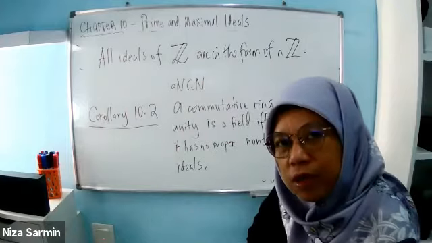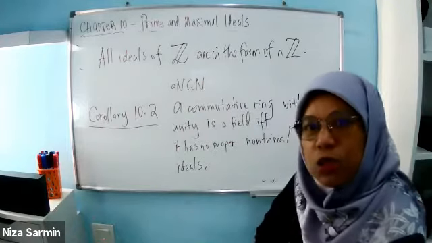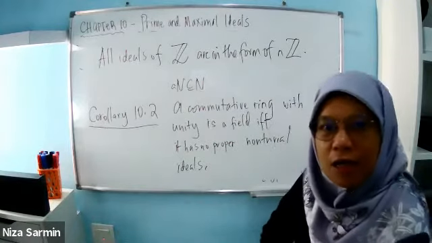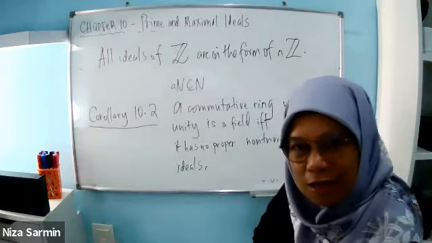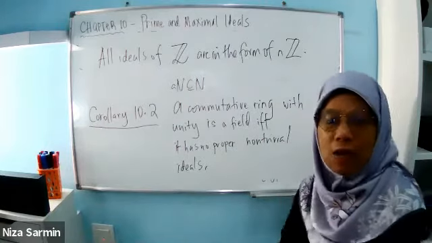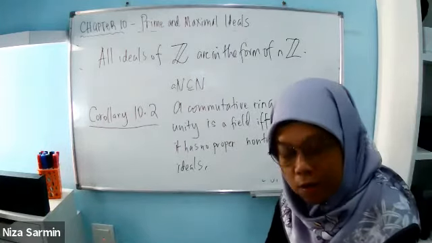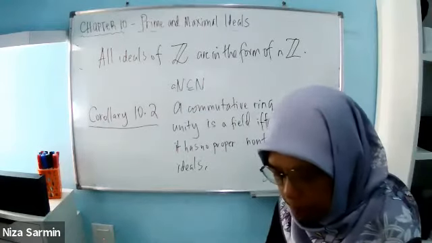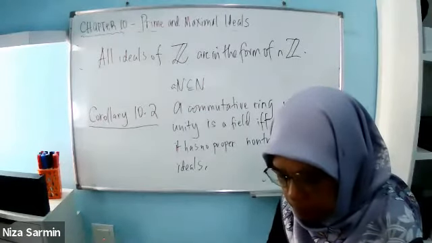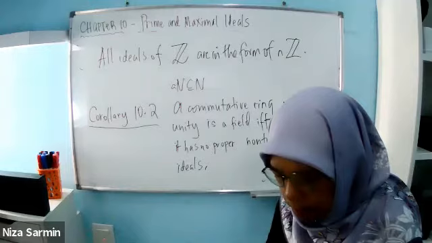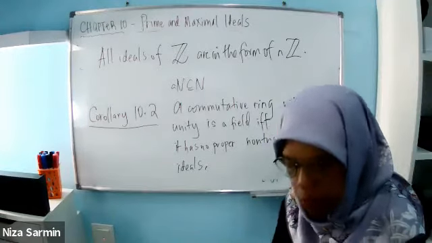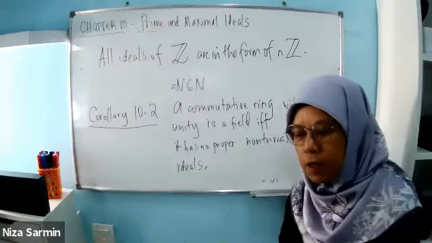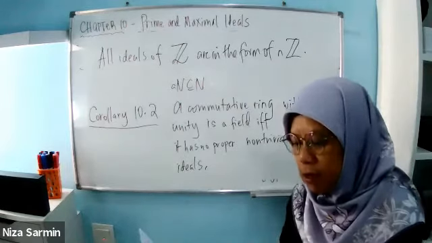If you have integers Z, 2Z is an ideal, 3Z is an ideal, 4Z is an ideal. All the pZ will be the maximal ideals, right? So that is what it is in the example when pZ is the maximal ideal.